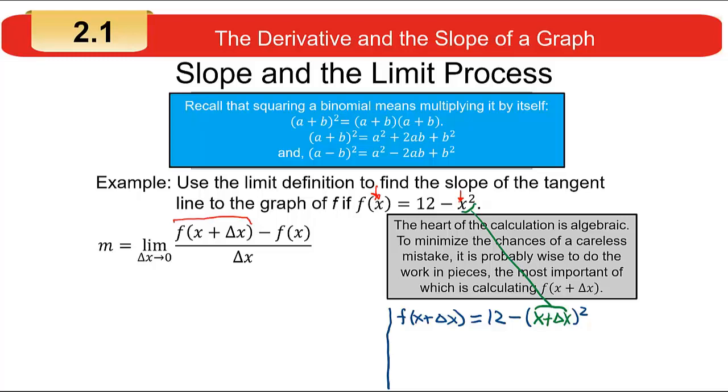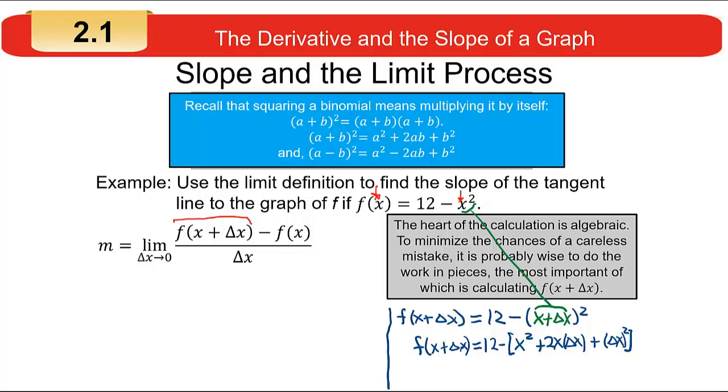So in this problem x is like a and delta x is like b. So you plug in that formula and you end up with x squared plus 2x delta x plus delta x quantity squared. Remember, the x is playing the role of a in the formula and delta x is playing the role of b.